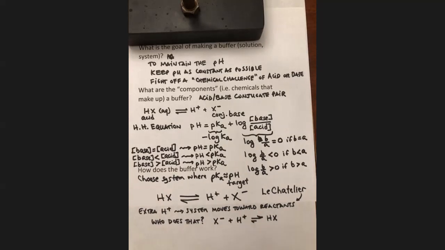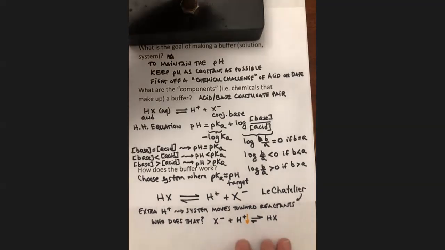So essentially what I'm doing is I am causing the hydrogen ion concentration to decrease. So that challenge from the extra acid that was added is counteracted by that component of the system, the conjugate base, doing what a base does, taking hydrogens, taking protons.